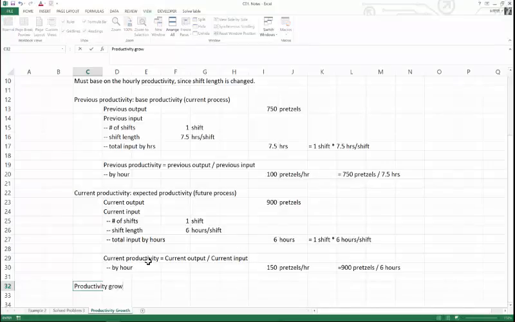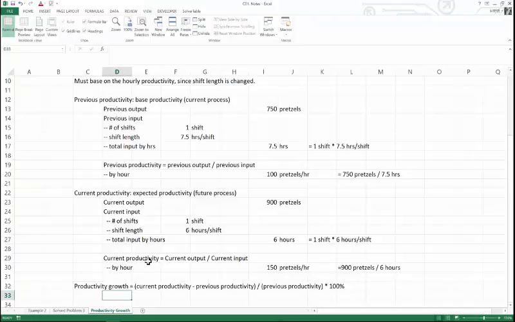Productivity growth is equal to current productivity minus previous productivity, divided by previous productivity, and times 100%.